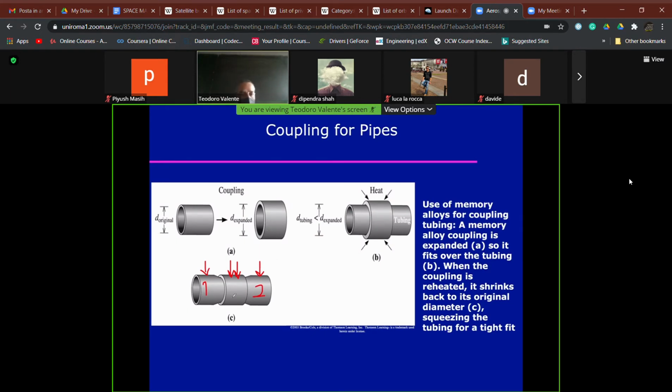When we have all martensite, we can more easily deform it. So we deform the ring so that its internal diameter is now a little bit higher than the outer diameter of the pipes. So we can insert the ring between the two extremes of the two pipes.